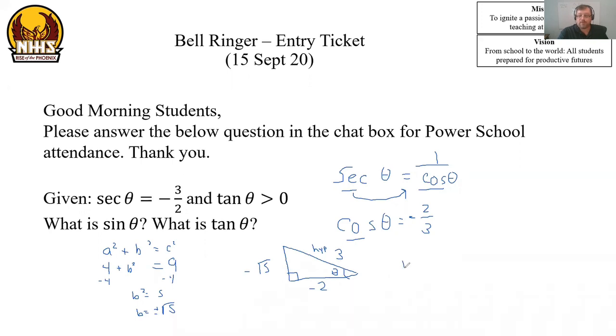So if I'm looking for tan, opposite over adjacent is the square root of 5 over 2, so that's what tan is. Sine is opposite over hypotenuse, which is negative square root of 5 over 3. So this is my sine, and this is my tan. And like I said, as we practice, we'll get better on these.